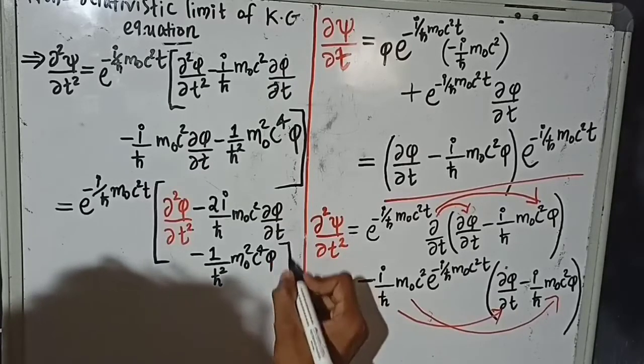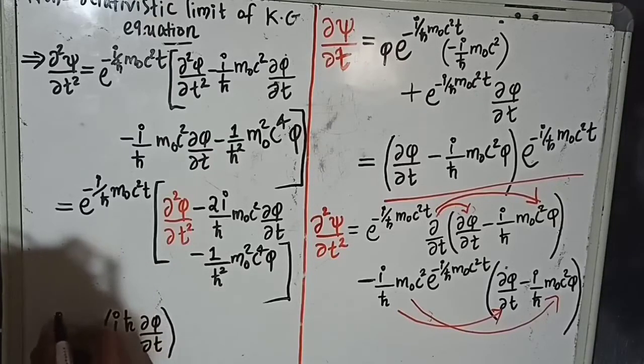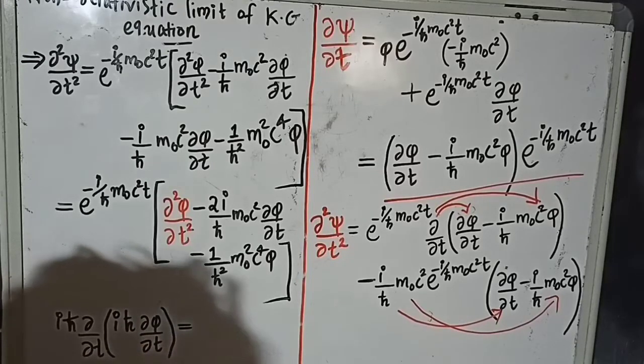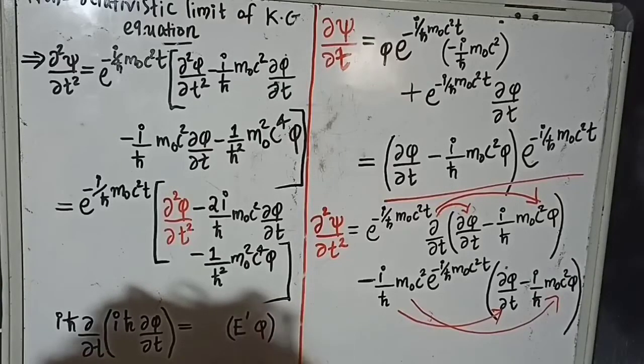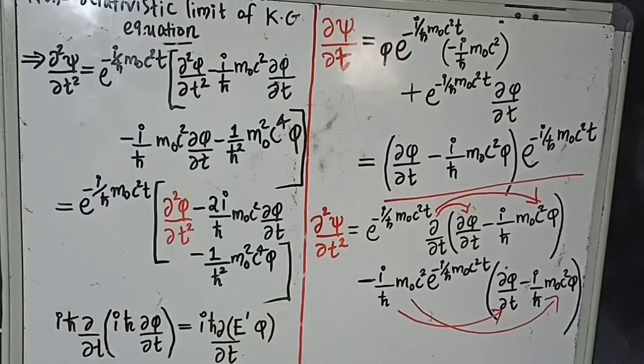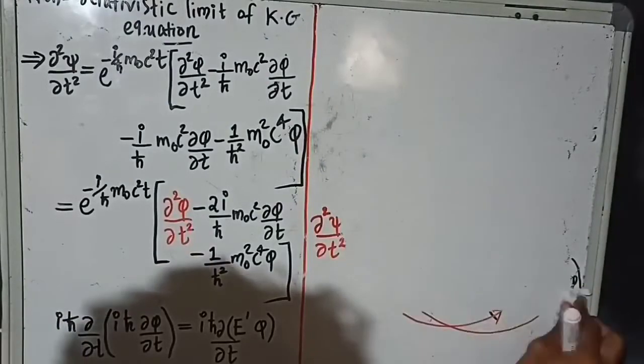Let us find what that red term, ∂²φ/∂t², is. For that, let me first act the energy operator 2 times on the relativistic part of the wave function phi. The first bracket is actually E dash φ. So we can write this as the energy operator acting on E dash φ. So this is actually i h cross ∂/∂t operating on E dash φ.